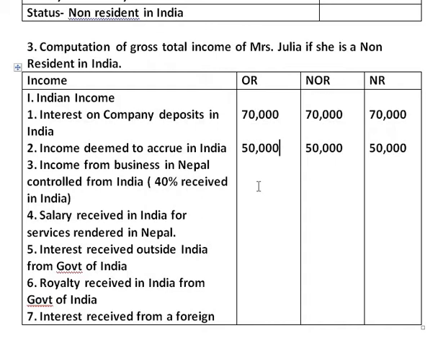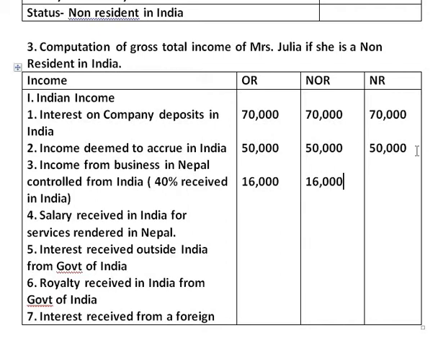So 40% of 40,000 comes to 16,000, which is treated as Indian income. So take down 16,000 as Indian income and take it in all the columns.